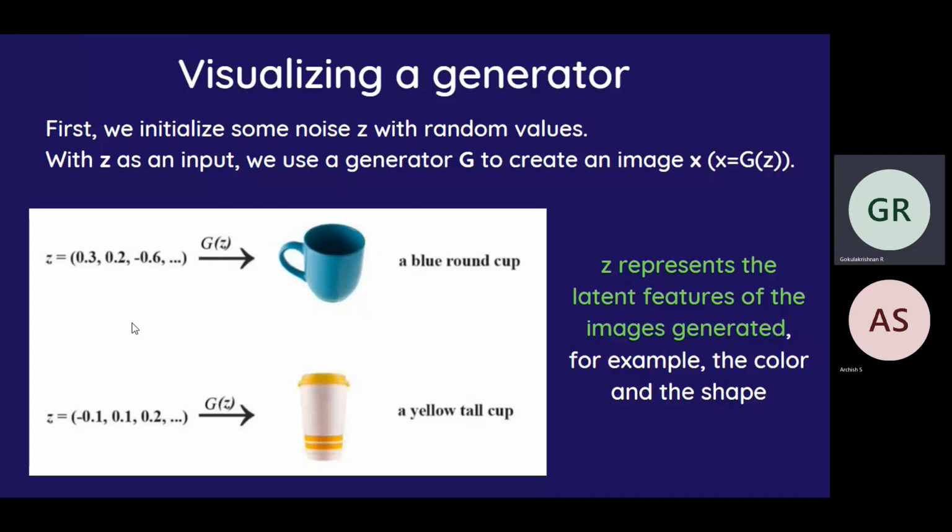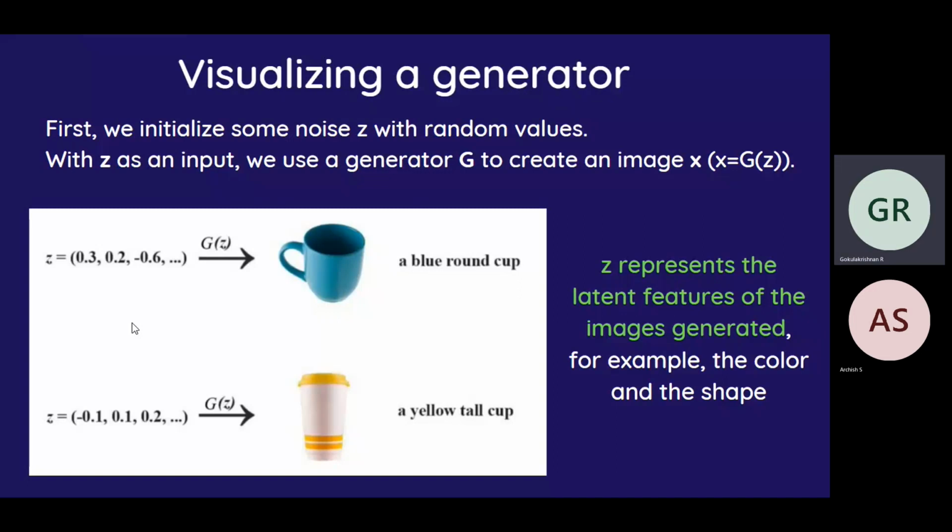Basically, it's just a single dimension vector, a row vector with any number of elements. Generally, it's around 50 to 100 elements in that vector. Initially we just initialize it to any random set of numbers, and it normally belongs to a Gaussian distribution, specifically a normal Gaussian distribution.